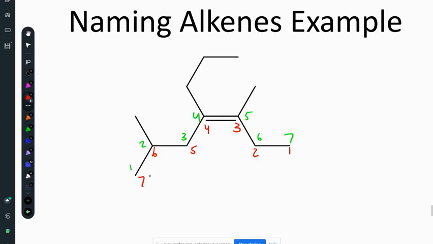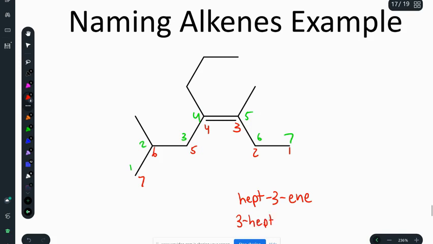So the end of this name is going to be hept-3-ene. To say it's a 7-carbon chain, there's a double bond between carbon 3 and 4. You could also say 3-heptene. So put the 3 in front of that whole name. Some people think it sounds less choppy that way, so a lot of people will do that.